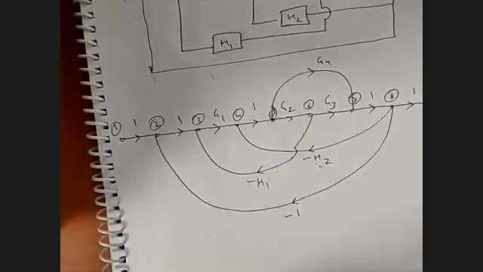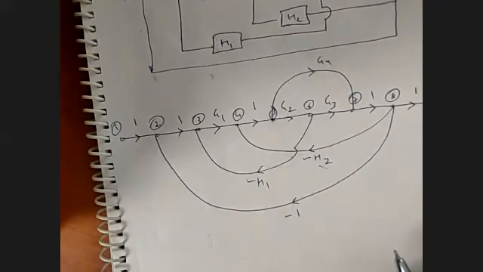So this is how we will be drawing it. You have to solve it and then send me on WhatsApp what will be the final transfer function with M1, M2, delta 1, delta 2 and delta.